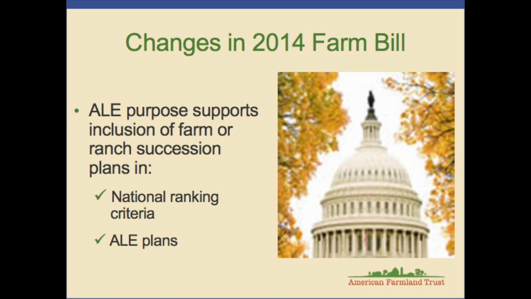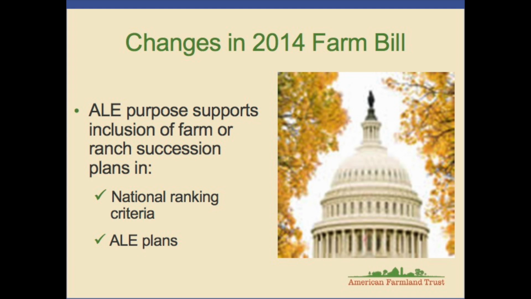In addition, the ACEP statute calls for an agricultural land easement plan that describes the activities which promote the long-term viability of the land to meet the purposes for which the easement was acquired. So the program manual uses the same language, but then goes on to say this may include a farm or ranch succession plan, drawing a direct line between long-term viability and succession planning.